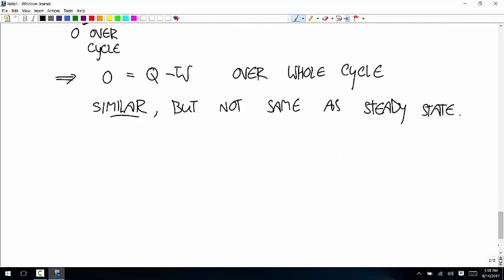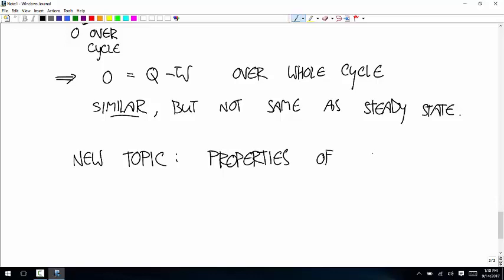So now we're going on to a new topic. Properties of simple compressible substances.